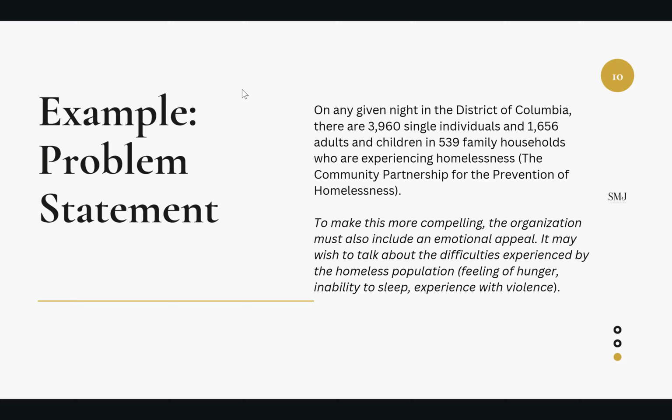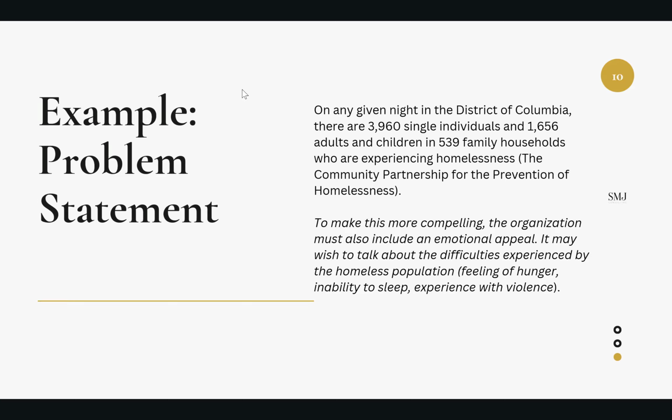But again, when you are writing your problem statement, you want to make sure you are connecting it to whatever solution your organization is proposing in the grant application. So, for example, if your organization is not addressing violence, then you don't want to necessarily talk a lot about violence in the problem statement.